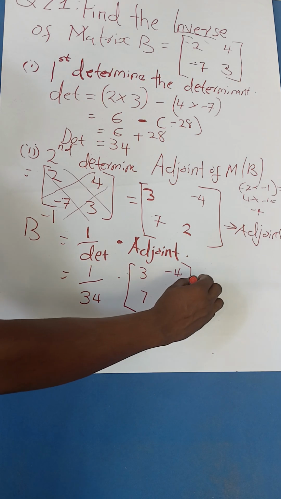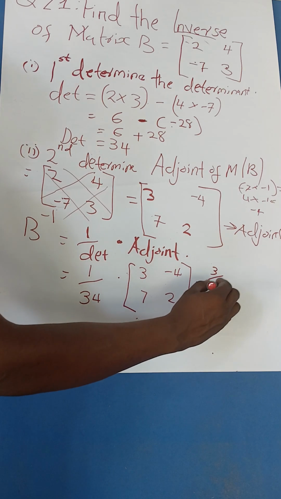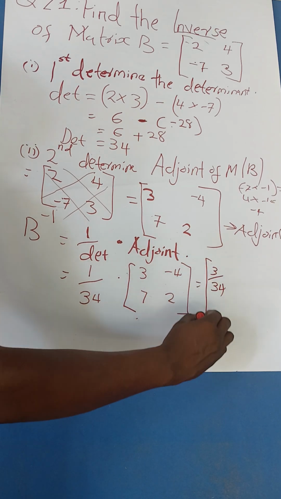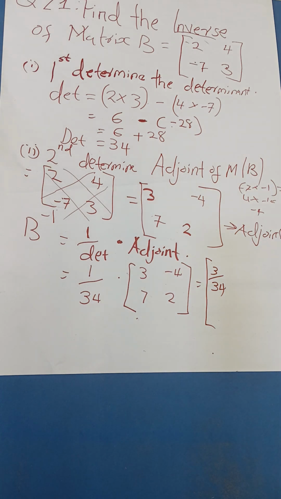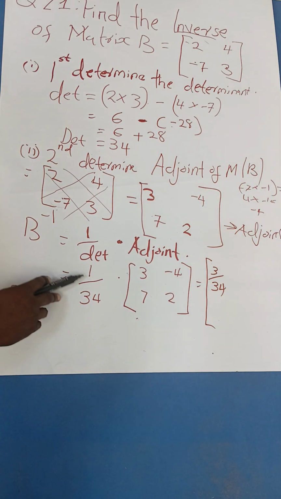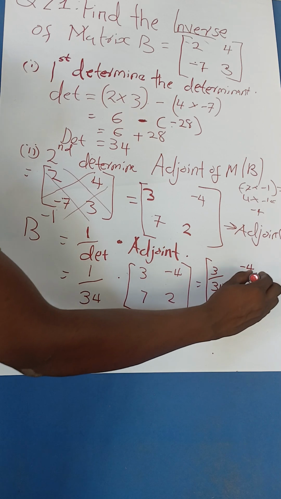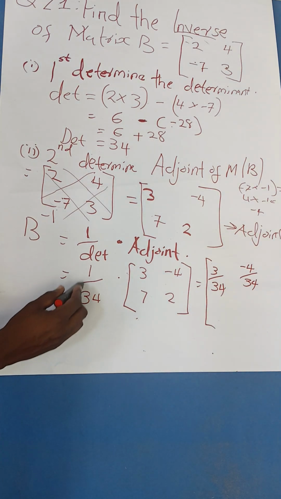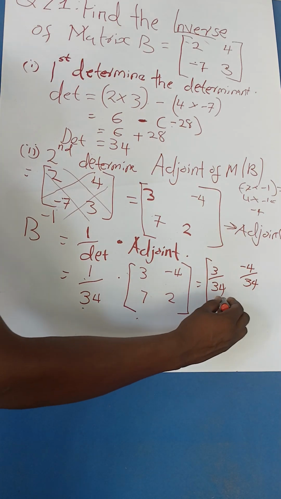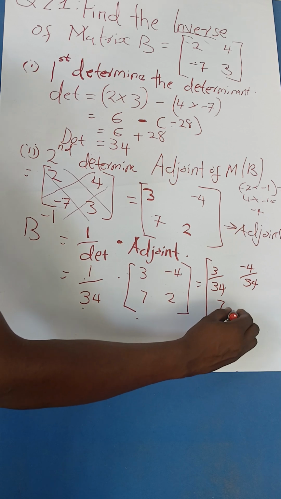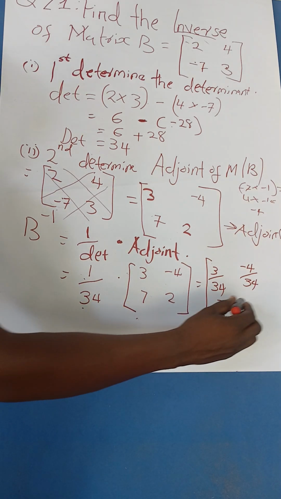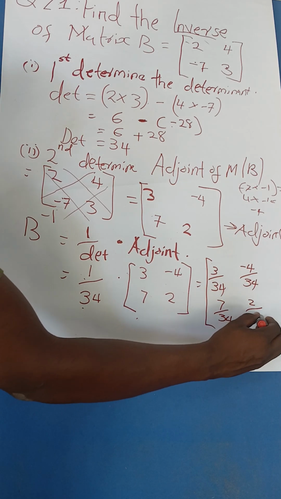Here it will be 3 over 34. This one next, 1 over 34 multiplied by negative 4, it will be negative 4 over 34. 1 over 34 multiplied by 7 will be 7 over 34. Then 1 over 34 multiplied by 2 will be 2 over 34.